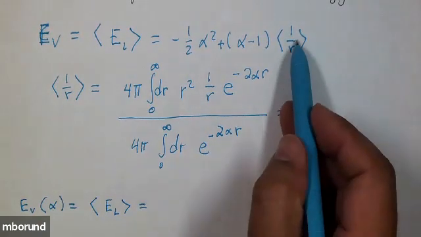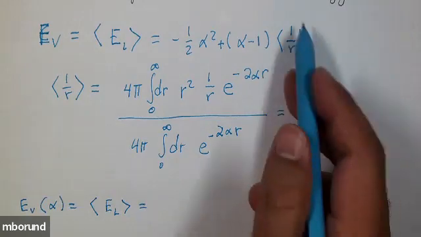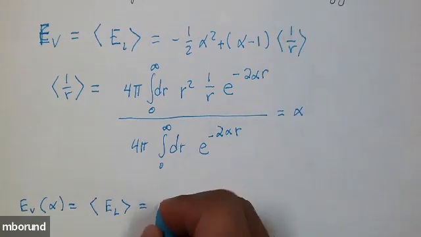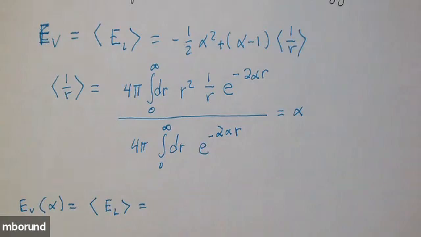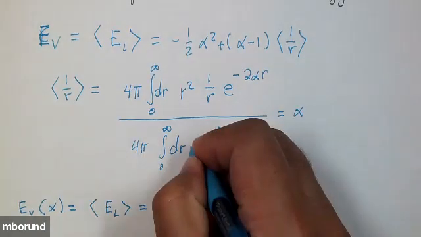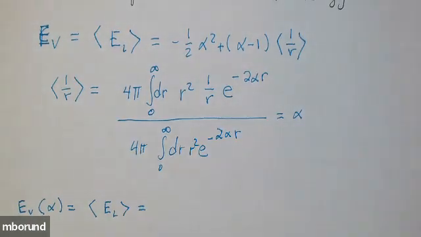And we now have that there's an alpha here instead of 1/r. Except for in the denominator, it should be 4 pi multiplied by r squared dr. Yep, I missed the r squared. Thanks. Yeah, it's the same integral, except you don't have the 1/r for this expectation value.